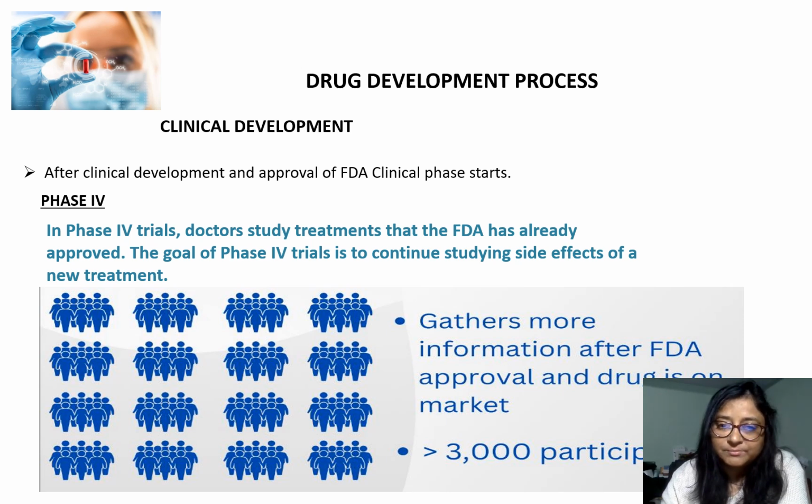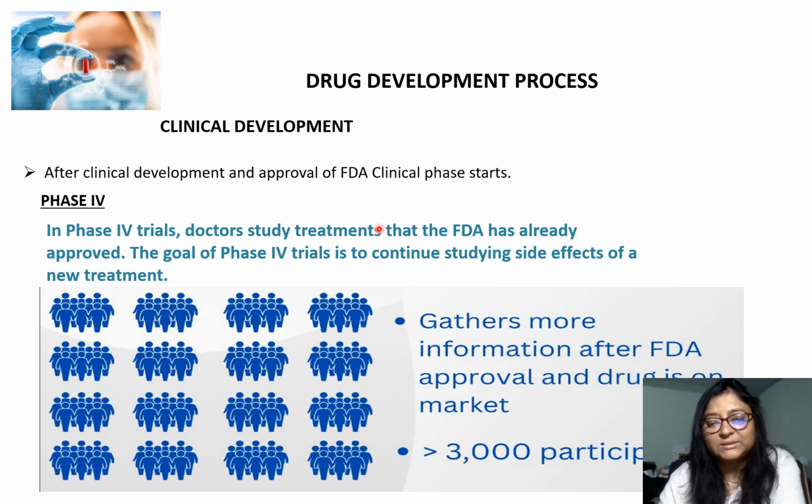You can say it is required for post-market surveillance. In this phase, doctors study treatments that the FDA has already approved, and they see whether, if given to patients for 1 year, 2 years, 3 years, there is any long-term side effect or not. So for this study, phase 4 is required.